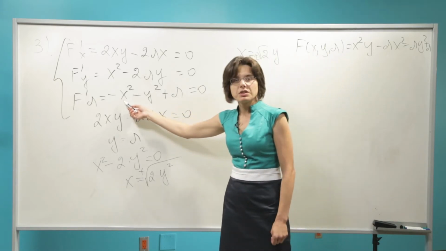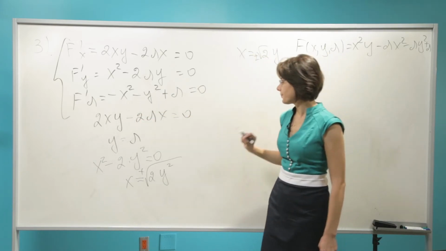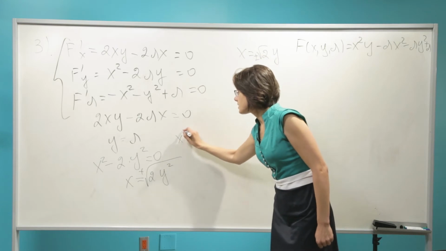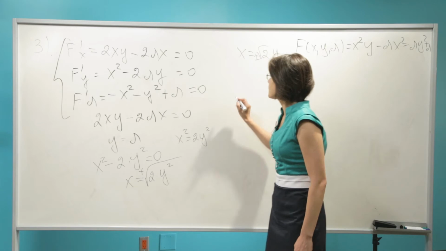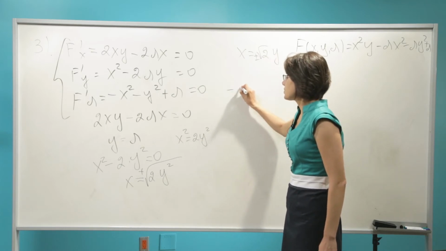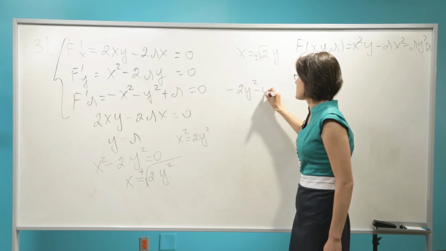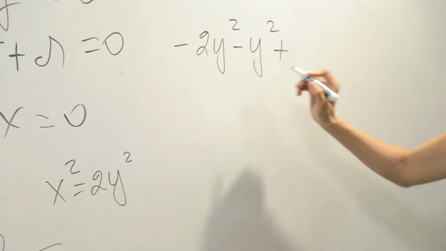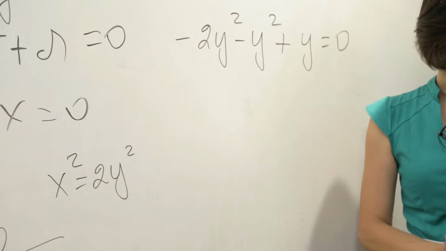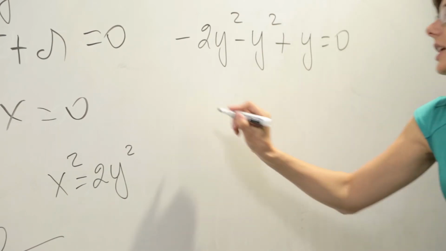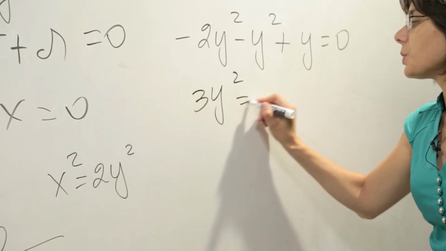Now, the third equation we can rewrite in terms of y only. Since x squared is equal to 2y squared, we can write it as minus 2y squared minus y squared plus 1 is equal to 0. So the third equation will give us that 3y squared is equal to 1.